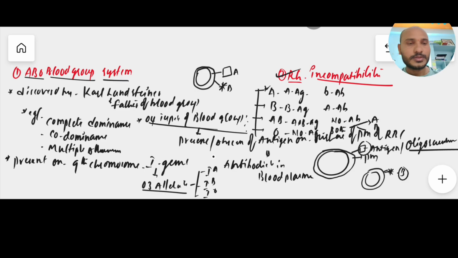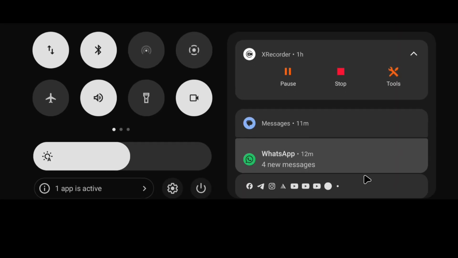Now, an important point to note: the universal donor blood group is O positive.